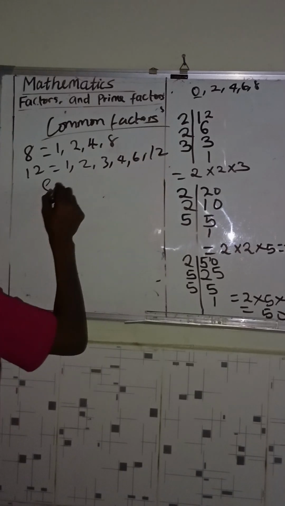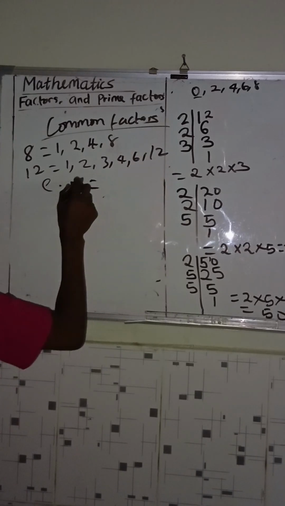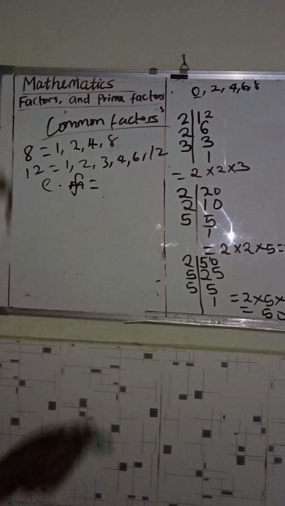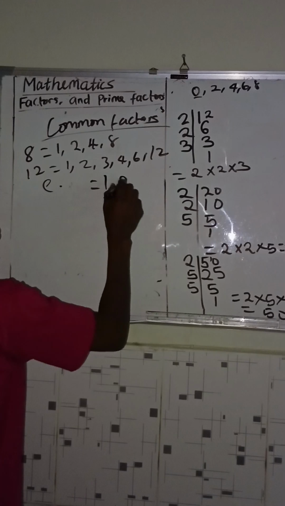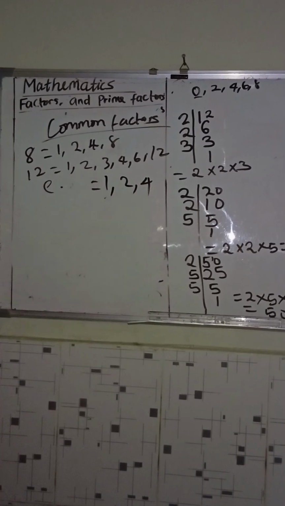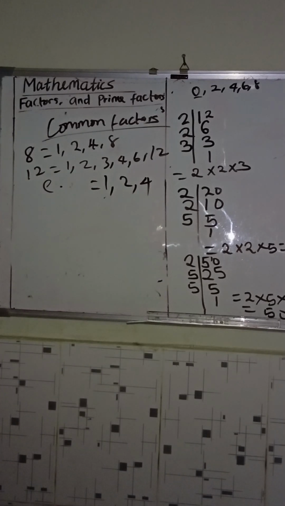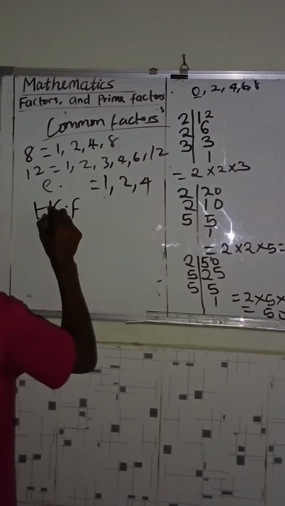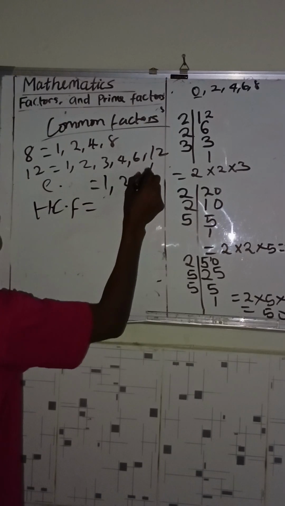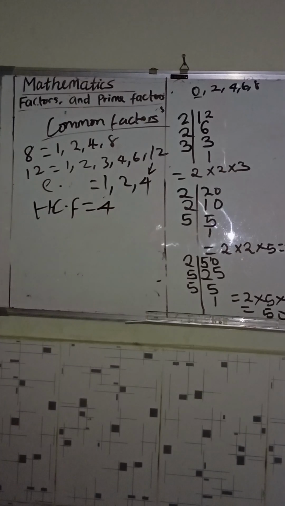What is a factor here that is common to both of them? 1 is common, 2 is common, 4 is common. Is that it? Okay, so now what is the highest? H.C.F. What is the highest common factor here? 4 is the highest, and that's it.